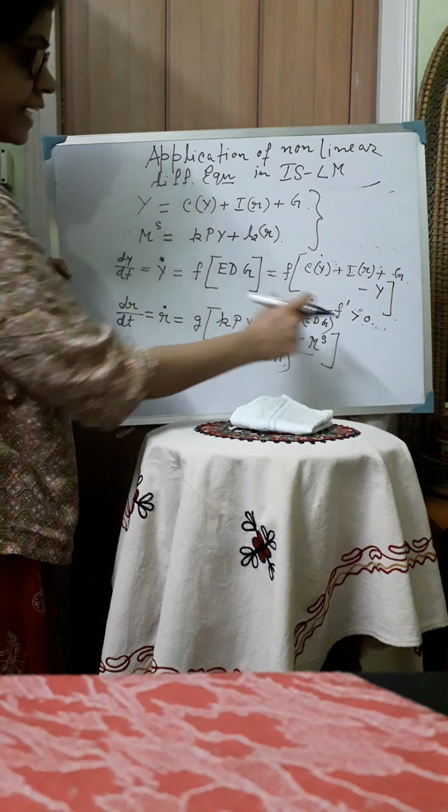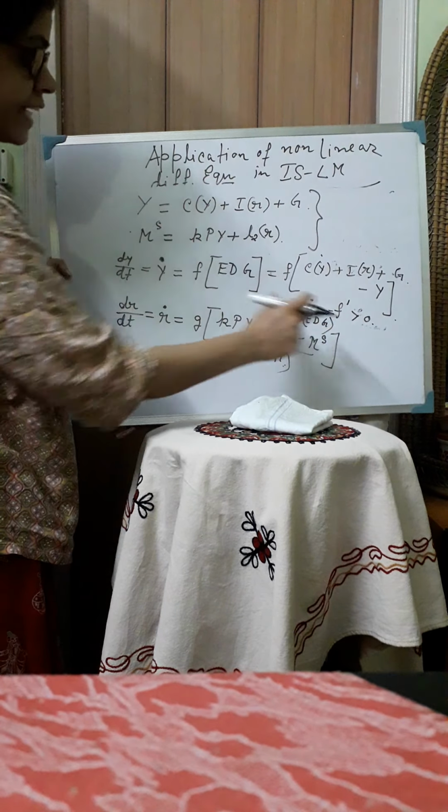Now in the denominator, L2 dash is the term. Now L2 dash is basically the change in speculative demand for money with respect to change in rate of interest. Now by assumption, L2 dash R is less than 0. So there is a negative sign here. So in effect, the term is greater than 0.